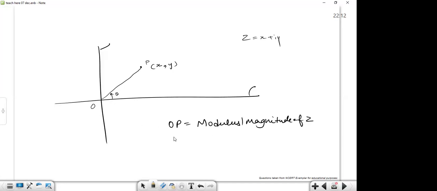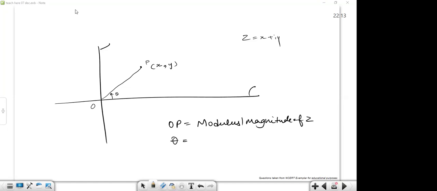And what is the angle theta? What is the angle theta? Come on, you guys are sleeping in class, right? It's okay, I understand. I also used to do that.